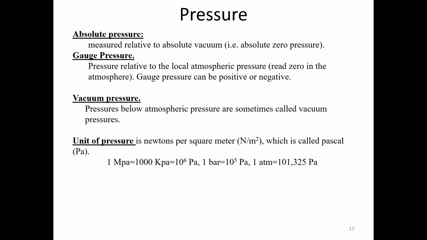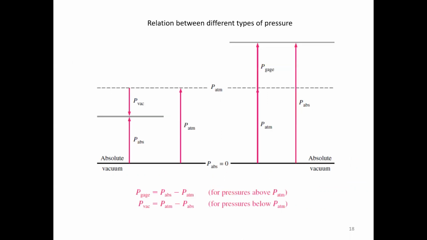All right, now let me make it clear for you. This is the reference line, which is the atmospheric pressure. Anything above atmosphere, we said it is the gauge pressure.